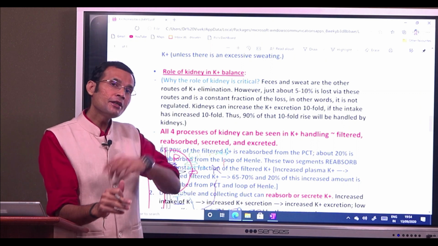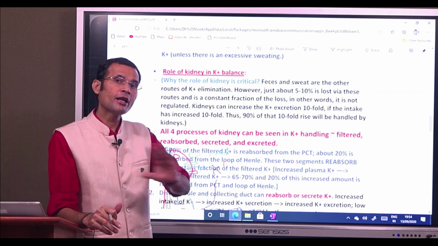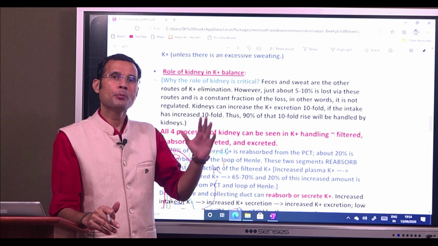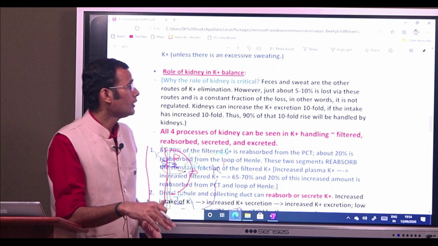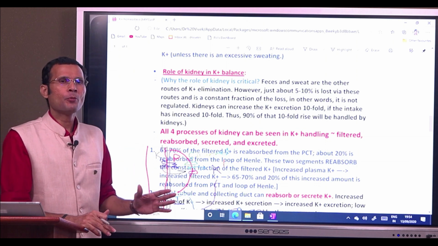So, kidneys will have to handle that 5-fold higher potassium which has come into the plasma. Remember, that's why kidney role is very important.